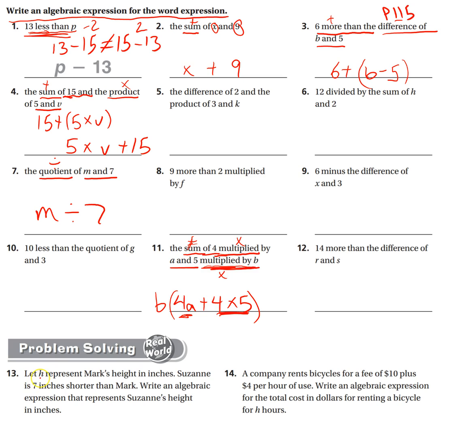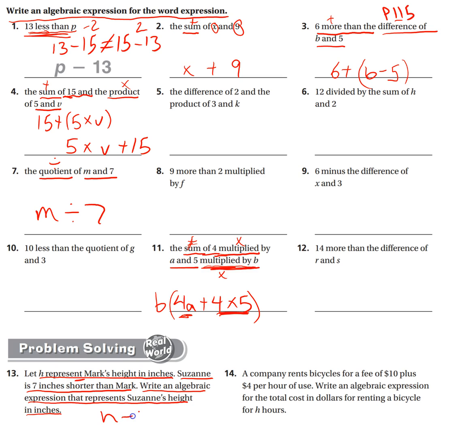Okay, number 13, let H represent Mark's height in inches. Suzanne is 7 inches shorter than Mark. Write an algebraic expression that represents Suzanne's height in inches. So, Mark is H inches, and Suzanne is 7 inches less than that, shorter.